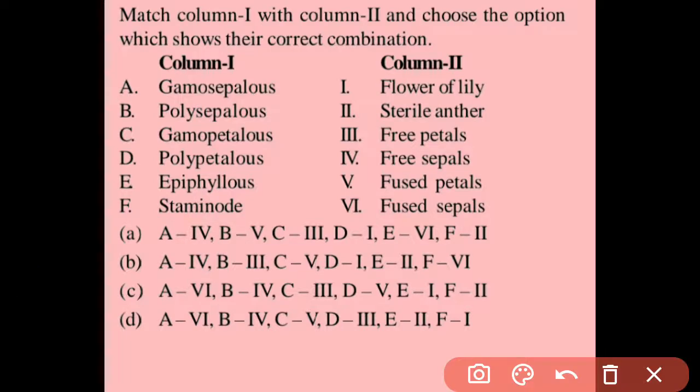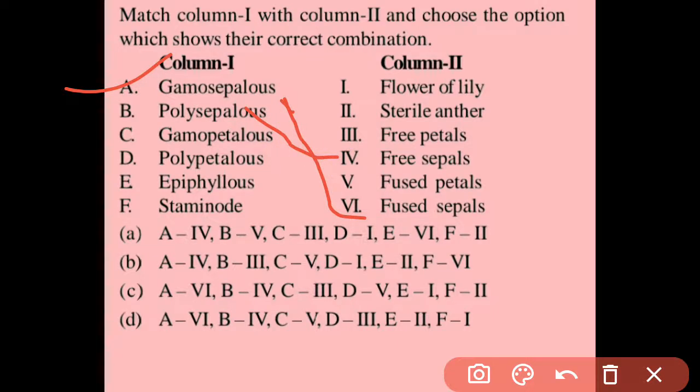Question is a match the following type question. Here we have to match column 1 with column 2. In column 1, A is gamosepalous. Gamosepalous means fused sepals, so we have to match with option 6. Polysepalous means free sepals, so we have to match with the fourth one.